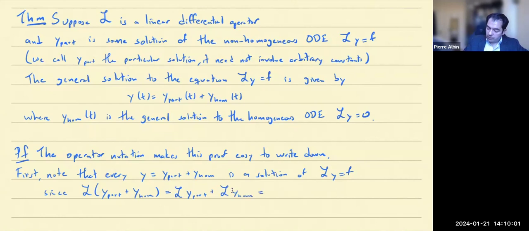But y part is a particular solution, so L of it is equal to f, and y home is a homogeneous solution, so L of it is equal to 0, and so we end up with f.